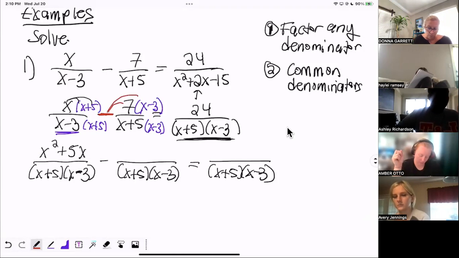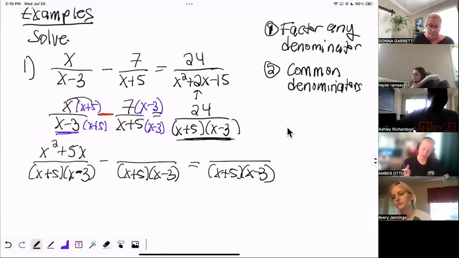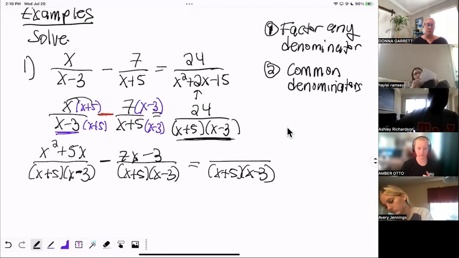So what we can do is, I'm not going to distribute the negative yet. We're going to do the negative in a minute. We're just going to distribute 7 to the x and minus 3, and then this last one is going to say 24 because it already has a common denominator.